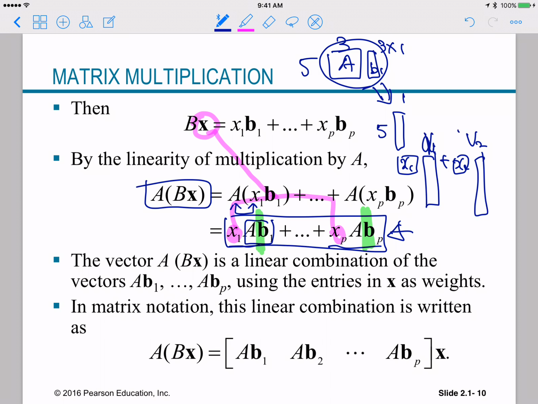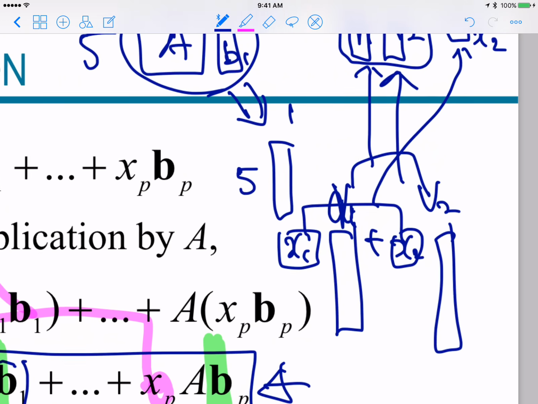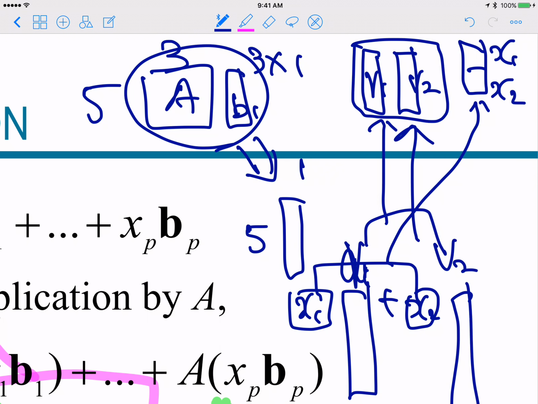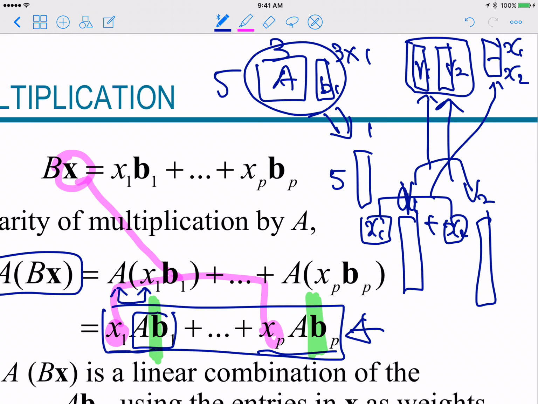And you know this linear combination of vectors can be represented as a matrix which has the columns v1 and v2. So this is our matrix, and then we collect x1 and x2 to form a vector. That's the trick that we used in the transition from a vector equation to a matrix equation.